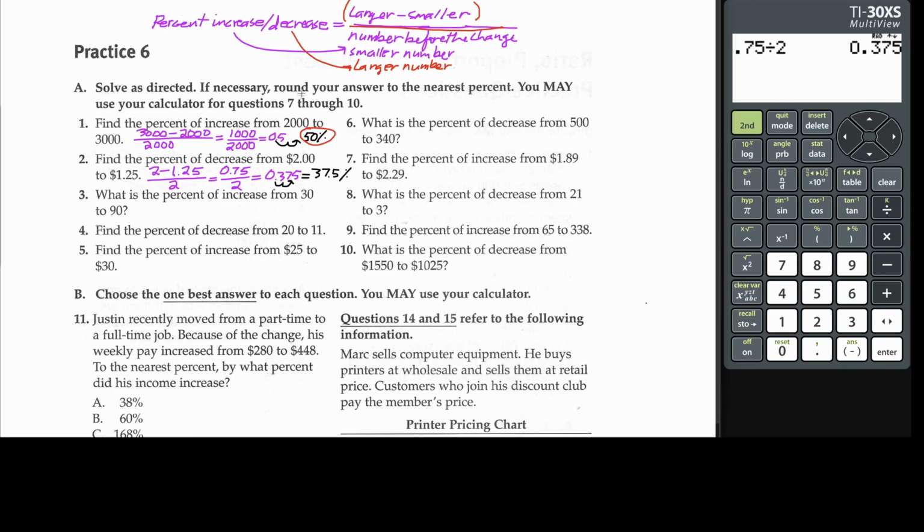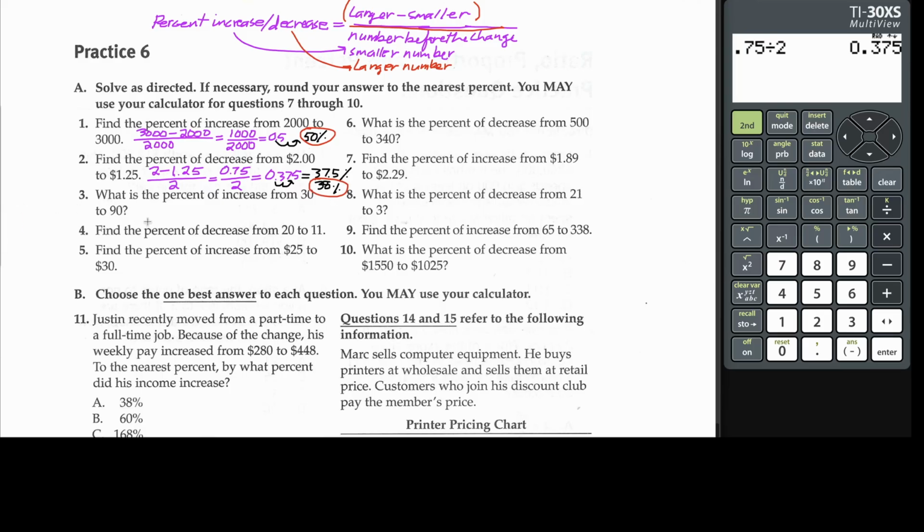Okay, but the instruction on the top says round your answer to the nearest percent. So in this case, 37.5% would be 38%. Okay, 38%. And I need to circle 38% here.